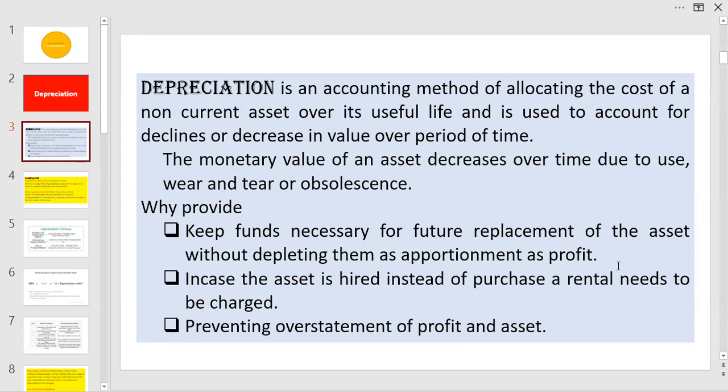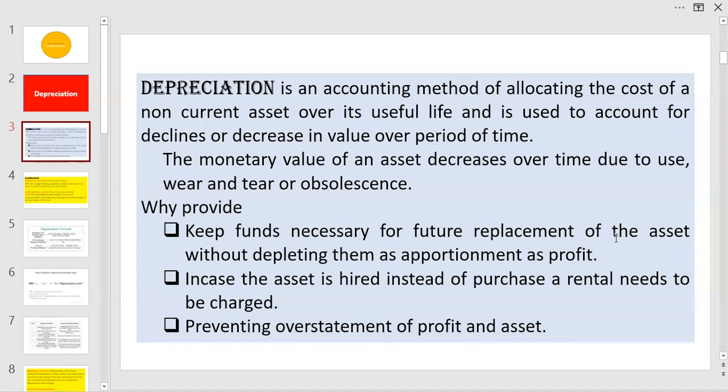If no depreciation is provided, profit will get overstated, therefore it may get distributed, depleting the cost of asset as distribution. Contrarily, depreciation will restrict distributability, thereby retaining the cost of assets within the business in some form.